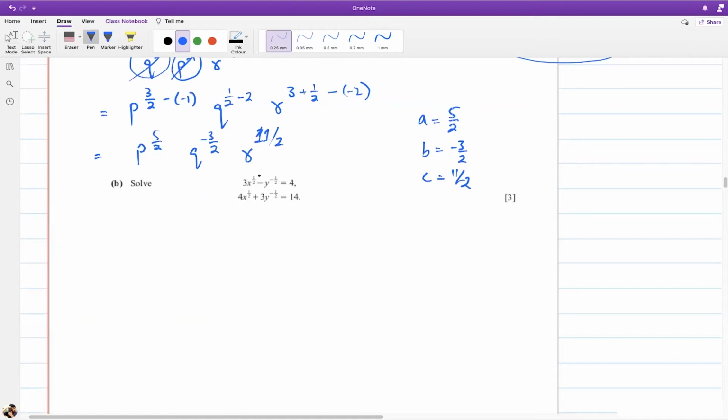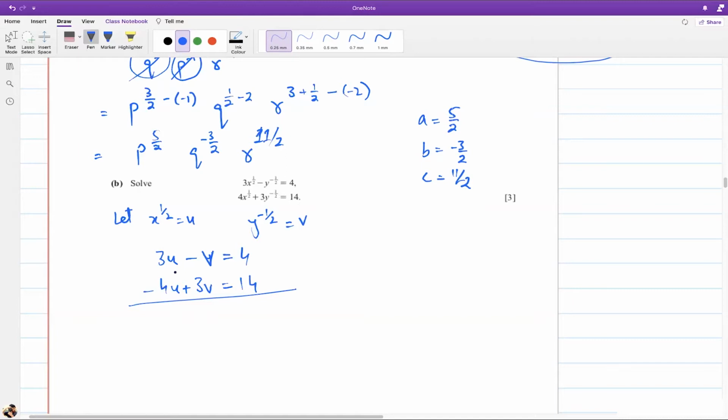Now, I'm not going to indulge with this equation in this form. I'm going to create dummy variables. So let x power half equal u and y power minus half equal maybe v. So 3u minus v equals 4 and 4u plus 3v equals 14. I have a simultaneous equation here.